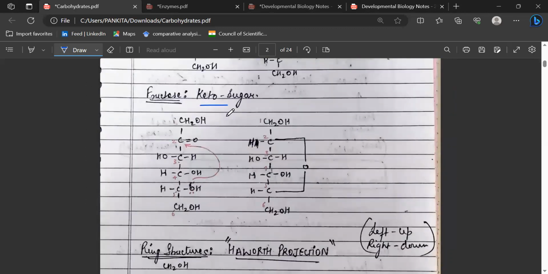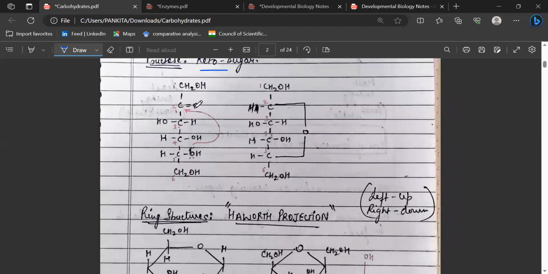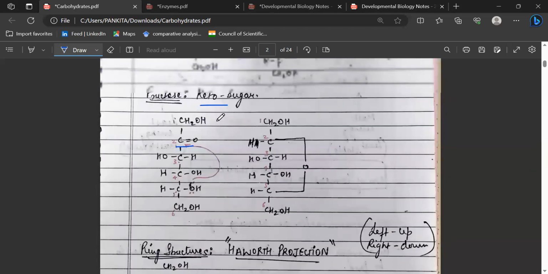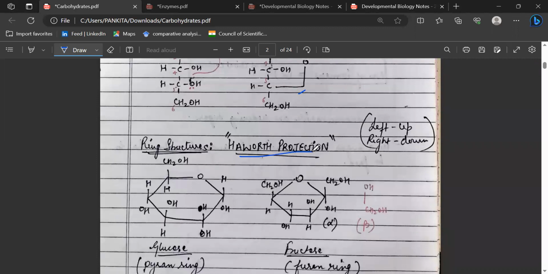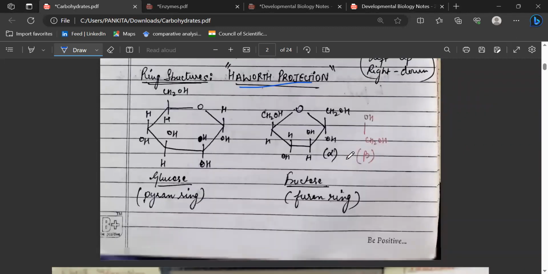Fructose is a keto sugar. That means the functional group is a keto group. Again, fructose is also a 6 carbon sugar. This is the hemiacetal form. Ring structures are known as Haworth projections, and the position of the CH2OH and OH with respect to the anomeric carbon gives rise to the alpha configuration or the beta configuration.